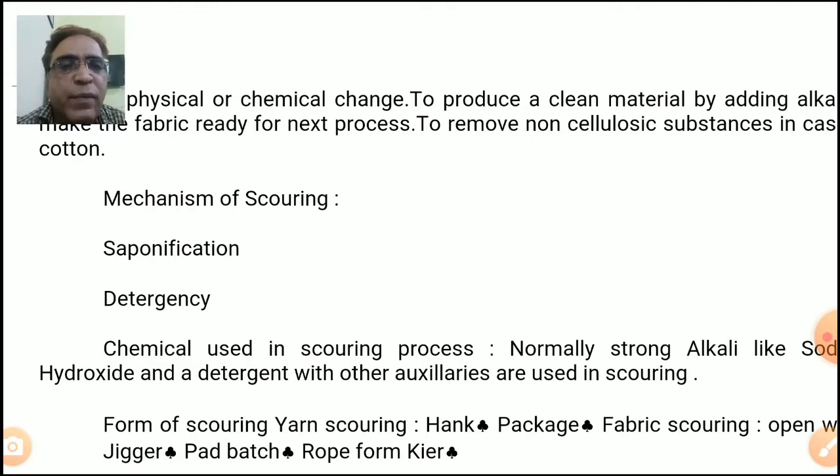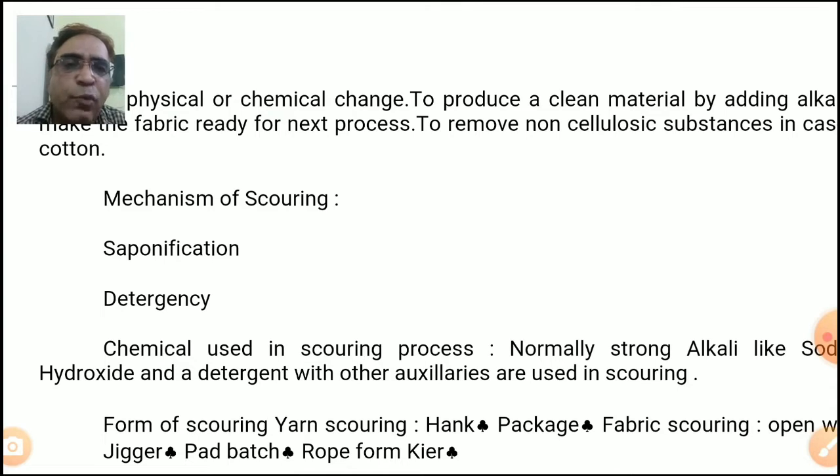They can stick to the fabric again after being removed, because the material is treated in the scouring bath, means the container or the machine which is carrying the chemicals. So the fabric will be there and these removed products will also be there.